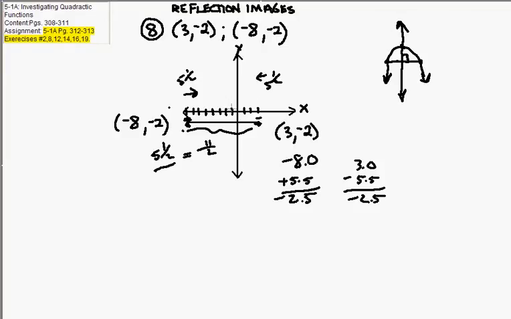So I'm going to be at negative 2.5, so my middle point is going to be about right here. That's going to be the midpoint, and that's going to be where I put my line of symmetry.